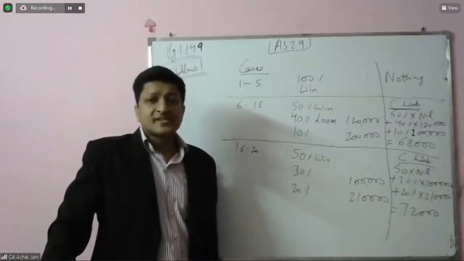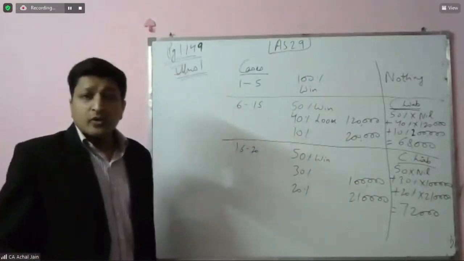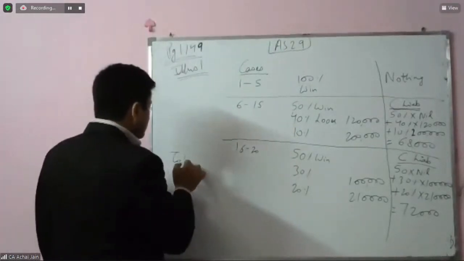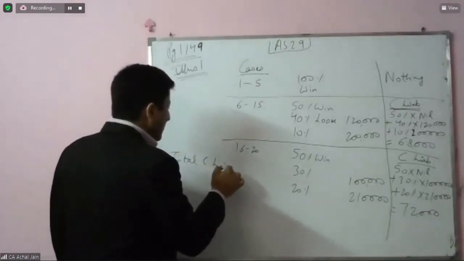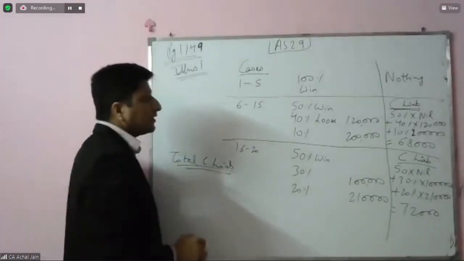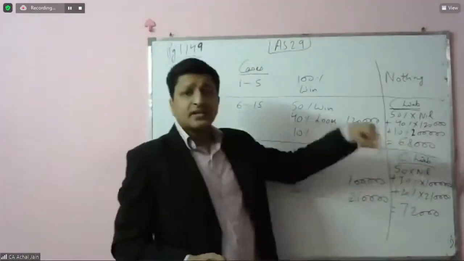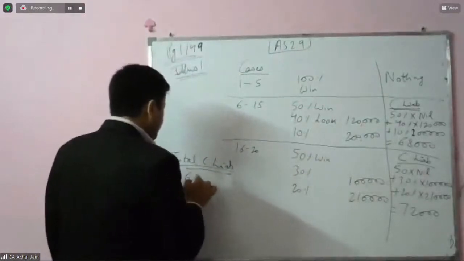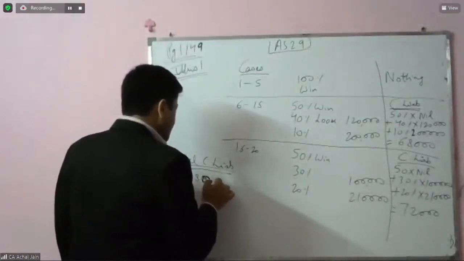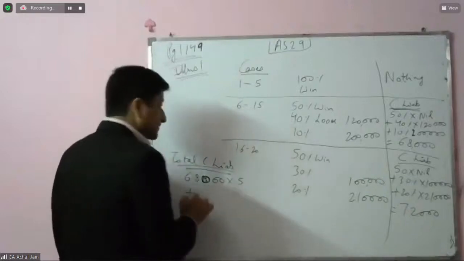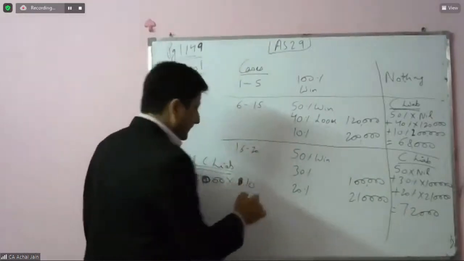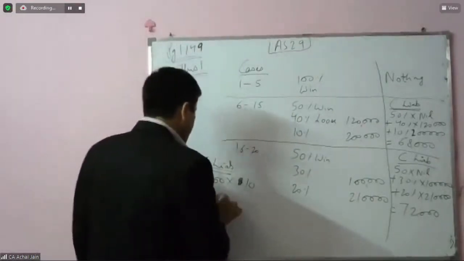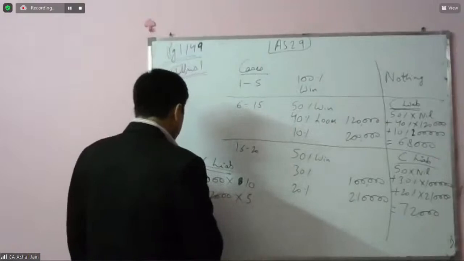Now, for the number of cases that we have, if we have to compute the contingent liability on a total basis, so what do we do? Total contingent liability is going to be 68,000 into 5 plus, these are 10 cases, 68,000 into 10 plus 72,000 into 5.